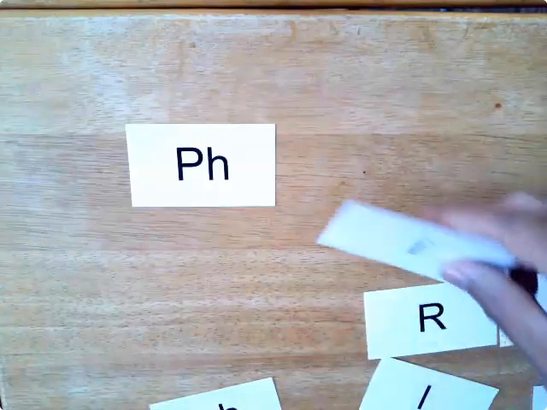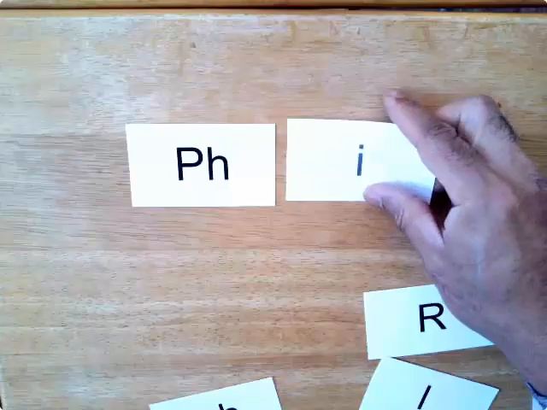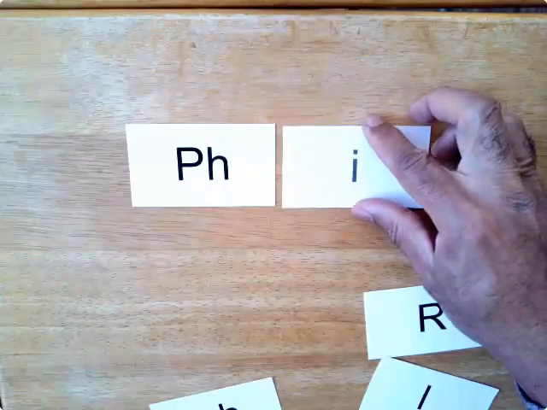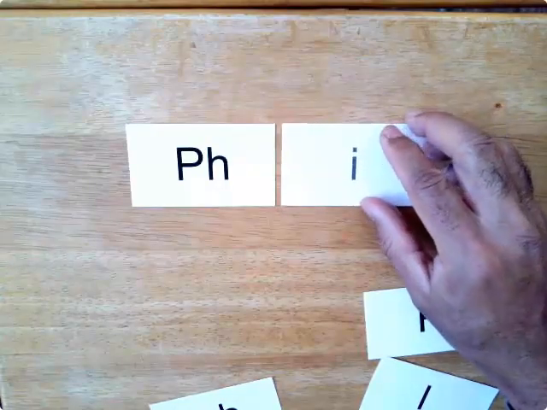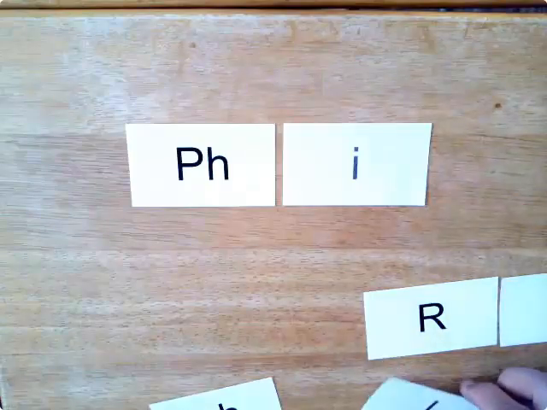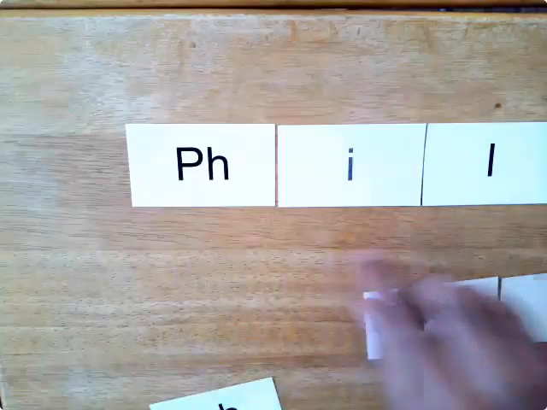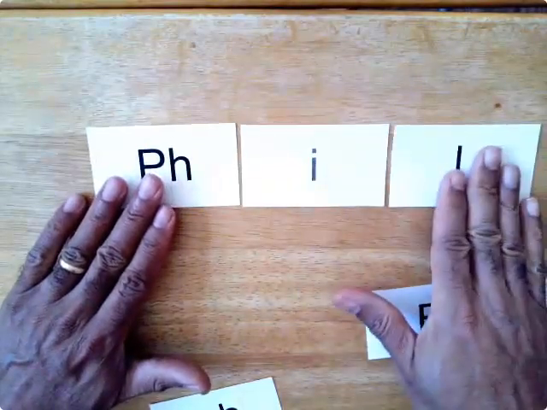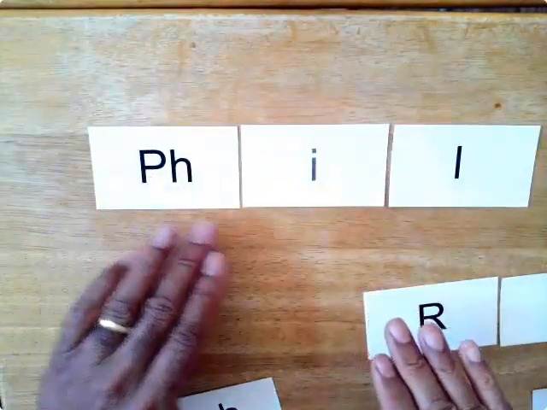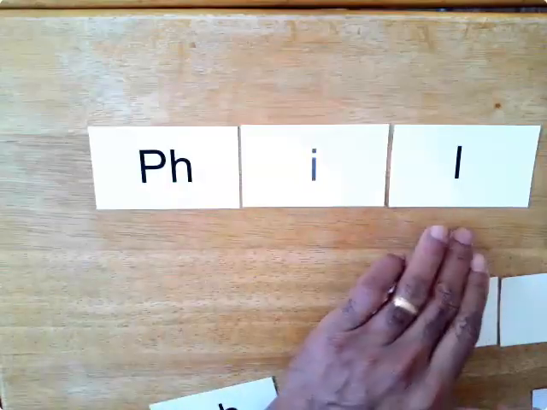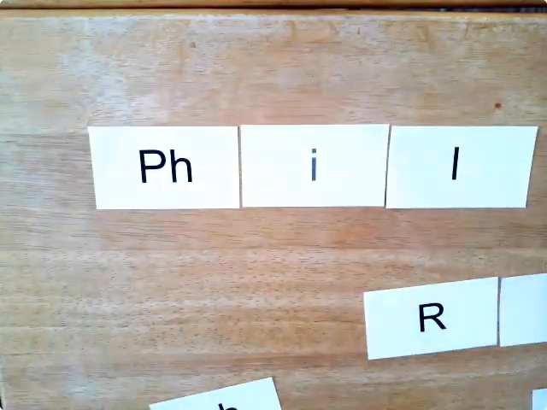Yes, you're correct. I'm going to need the vowel sound. Yes, I'm going to need my consonant sound. The word is Phil. His name is what? Phil. That's my friend's name, Phil.